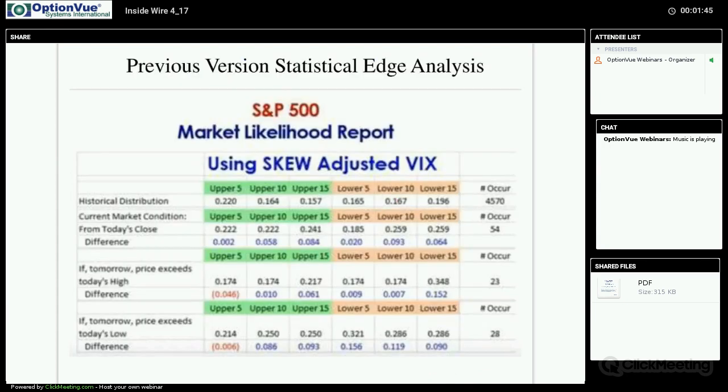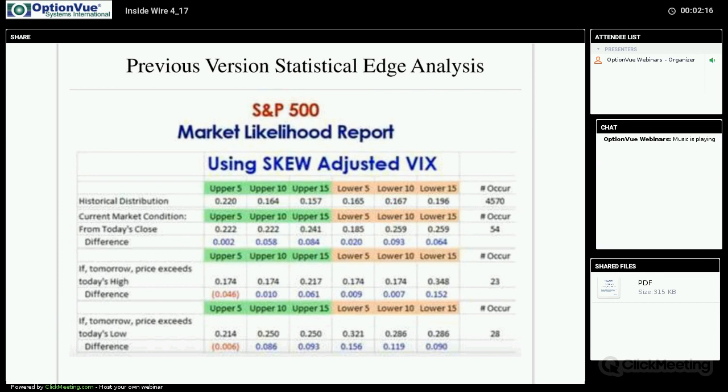All right, so parts 1 and 2, we're really endeavoring to revise our statistical edge analysis approach. What I've been doing every weekend in my likelihood report is reporting on the probabilities of various price distribution bands getting struck in the future, in the past on a historical basis with the broad market and then specific to a given market condition.